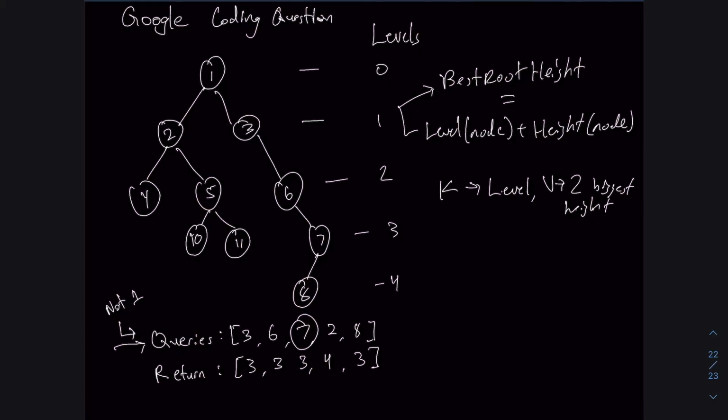It's pretty intuitive, right? If we take a look at this 6 or this 7, we see that there are three nodes at this level, right? We only need to keep track of the 2 nodes here that have the greatest height, right?